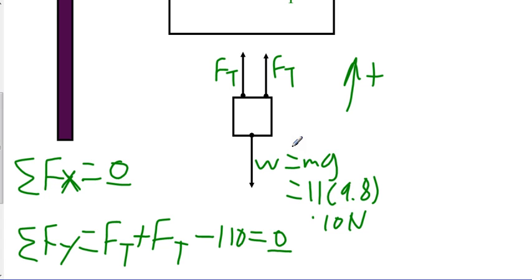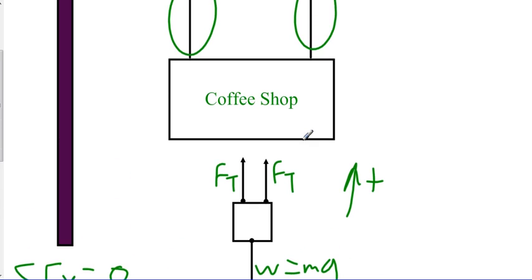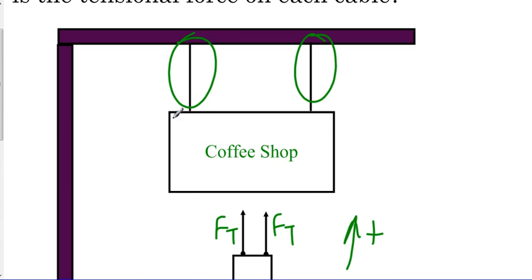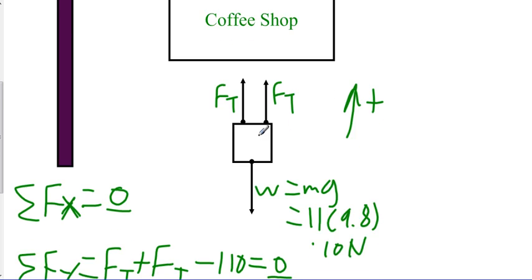Equilibrium means that there is no net force acting on the object, and that the acceleration is 0 meters per second squared, and that the velocity is constant. In this particular case, with this sign, our constant velocity is 0, but it won't always necessarily be like that.